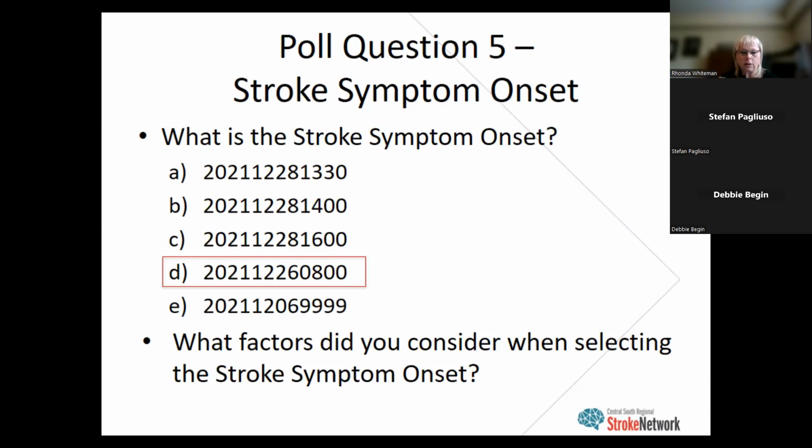Maybe the patient had minor symptoms. However, I'm not saying it would be wrong. I can certainly see why the coders would say the paramedic note very clearly says last seen well at 1330, and they complained at 1400.